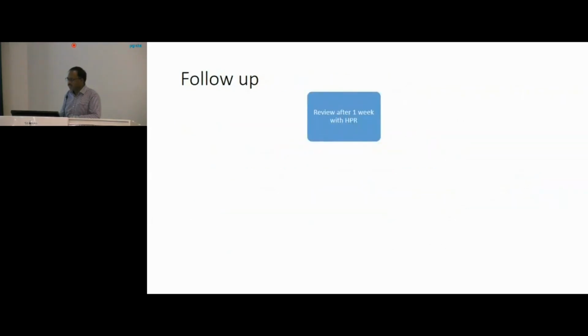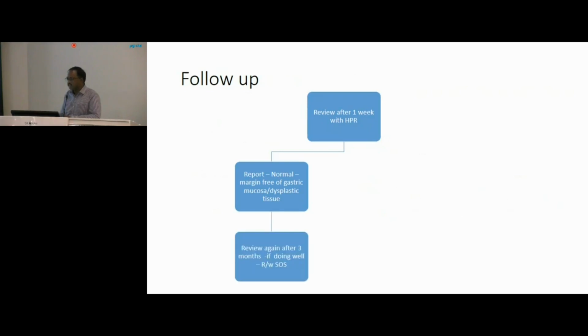Coming to the follow-up, when we discharge the patient, we ask them to review with the HPE report after 1 week. If the HPE report is normal and the Meckel's diverticulum margins are free of gastric mucosa or dysplastic tissue, we ask the child to review again after 3 months.